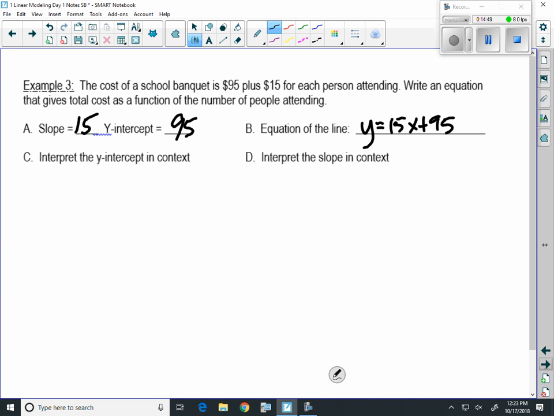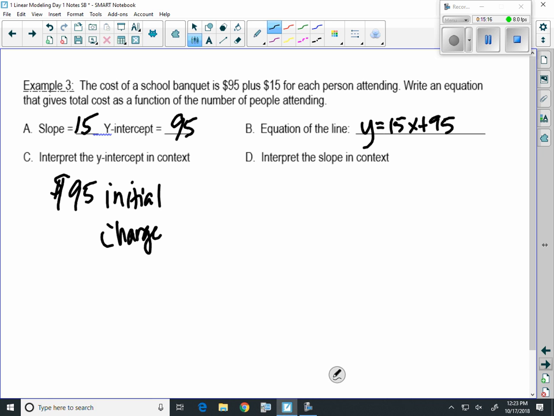Okay, let's keep moving. All right, y-intercept. Tell me about the y-intercept. Okay, so there's a $95 initial charge, or initial fee, or you can say flat fee. You're going to get charged $95 no matter what. Then the slope. Tell me, what does the slope mean?